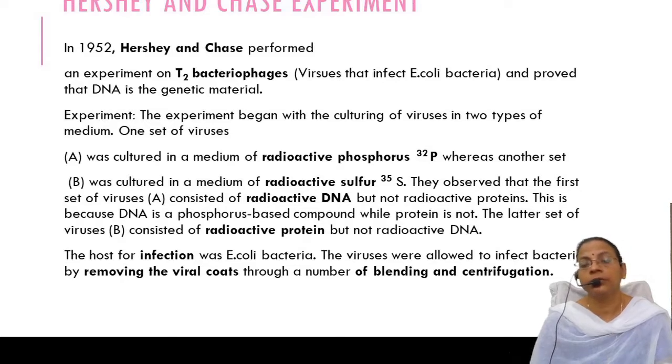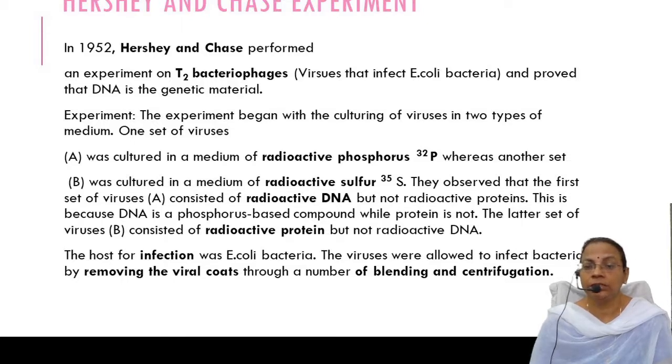Here they took the virus that infects bacteria, which is called a bacteriophage, and the variety of bacteriophage was T2. So they raised two sets of bacteriophages. And how can we grow the bacteriophages? We can grow them in bacteria.